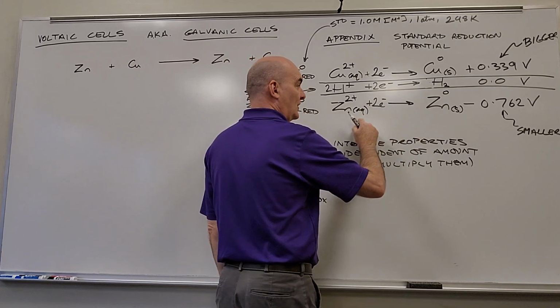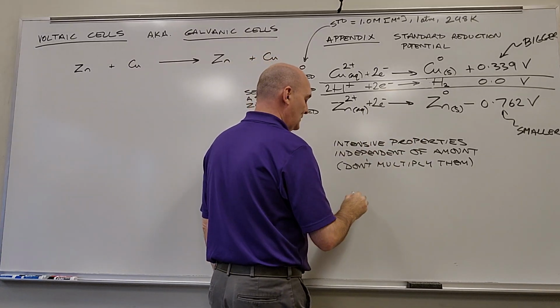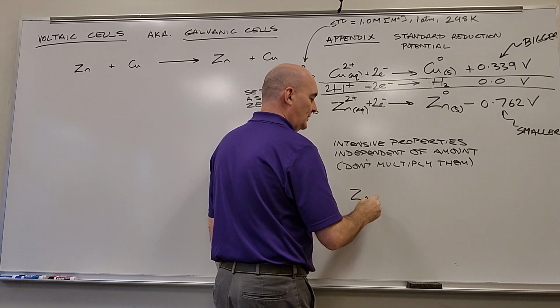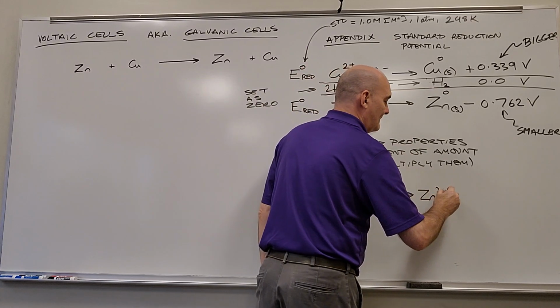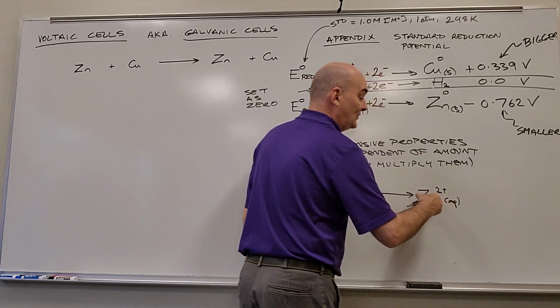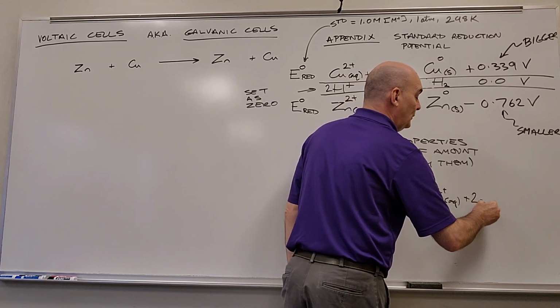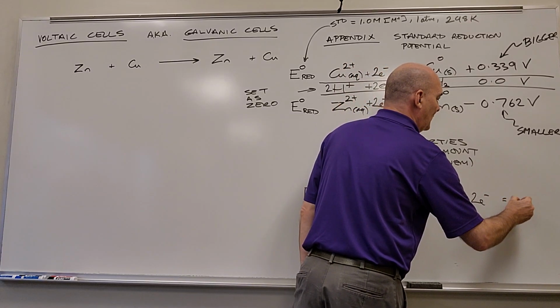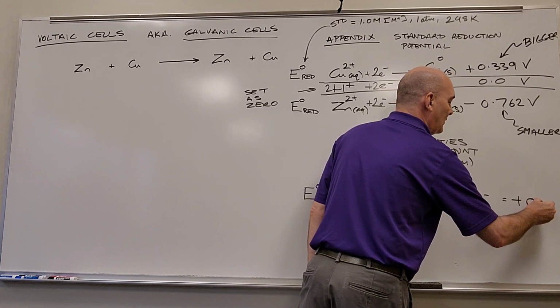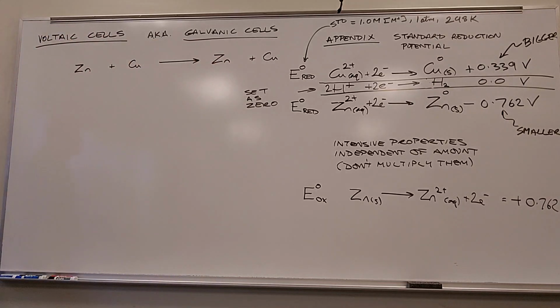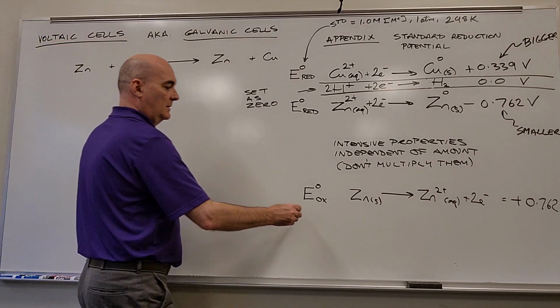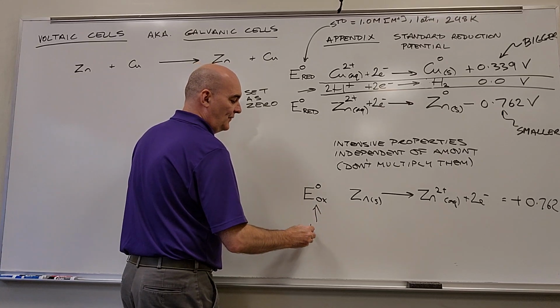So to turn this reduction, gain of electrons, into an oxidation, you would turn it around, and the oxidation number increases, you lose electrons, and the value gets to be plus 0.762 volts. You really should write the pluses and the minuses in. Because you flip the reaction. Oxidation is the reverse of reduction.